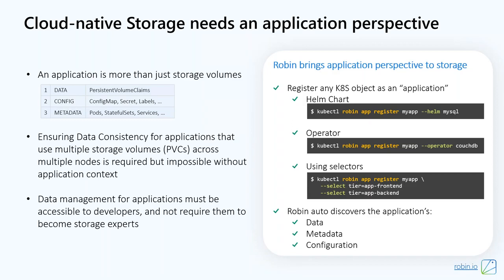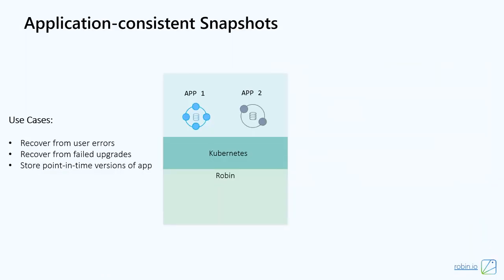Some of the examples here are application consistent snapshots, right? So how do you recover from user errors? Let's say you delete something by mistake, how do you recover from it? Or if my upgrade fails, how do I go back to a point in time where my system was stable, right?